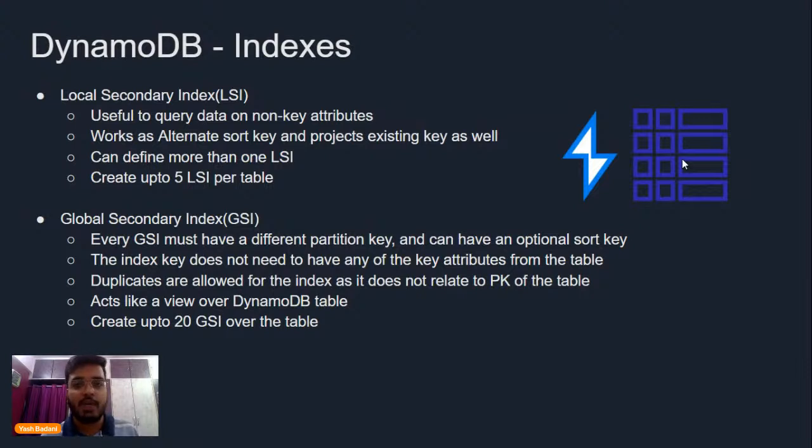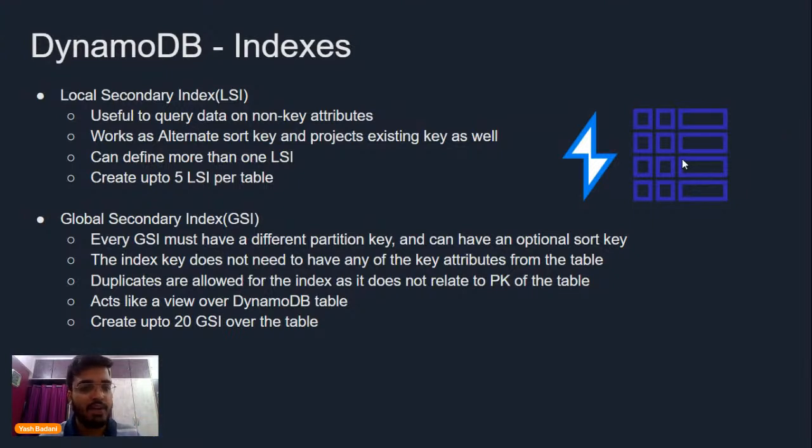So whenever you're trying to query your data with the LSI, which is a local secondary index, it tries to directly point to the local secondary index, and it will use a partition key, your sort key, and your LSI, which is an alternate sort key, together as one, and try to get your data faster. You can define more than one LSI and have up to 5 LSIs per table.